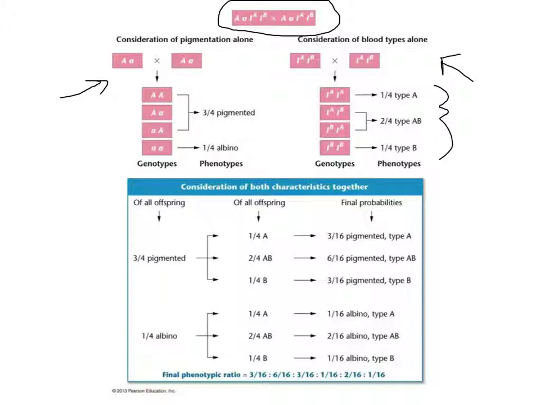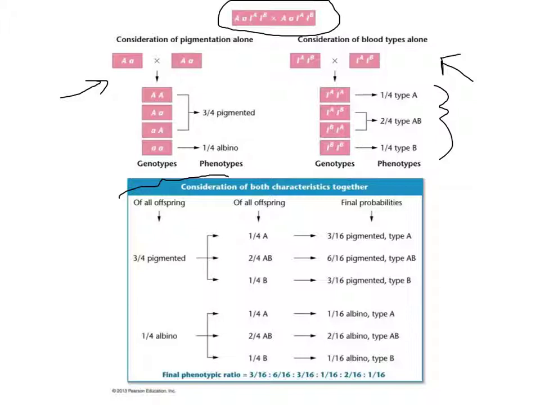In this left-hand portion of the fork diagram, we're first considering transmission patterns in the A gene that controls albinism. That is a very straightforward dominant to recessive relationship between big A and little a.